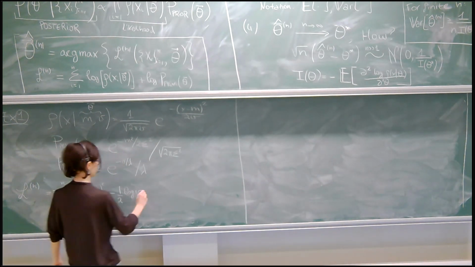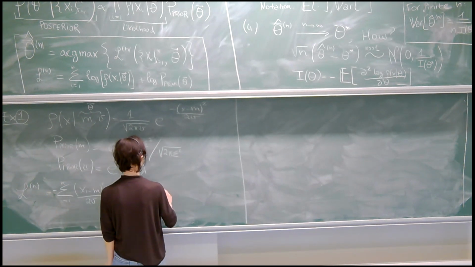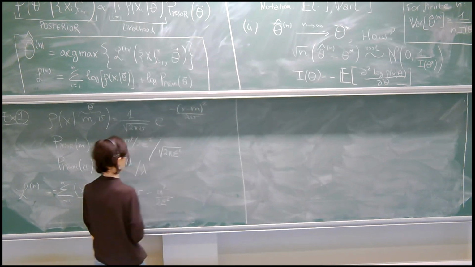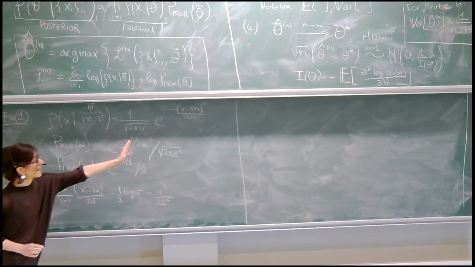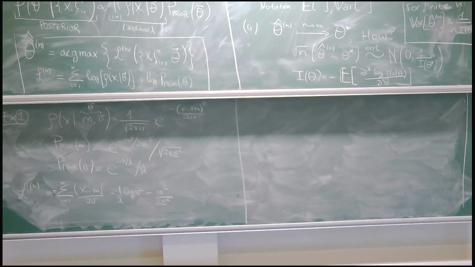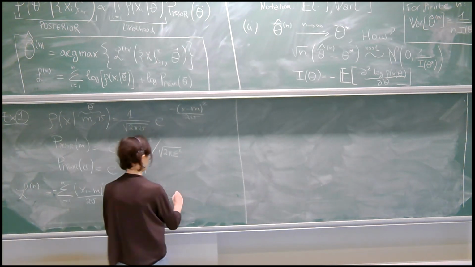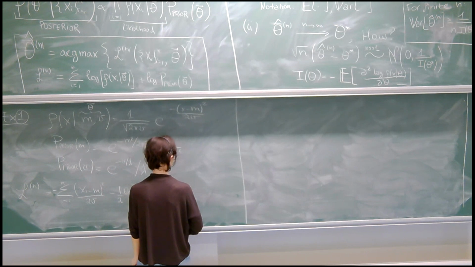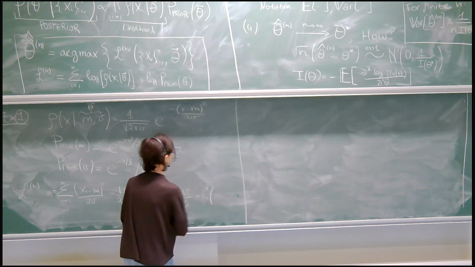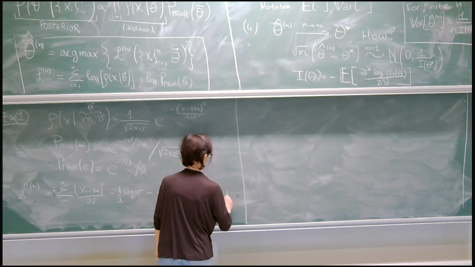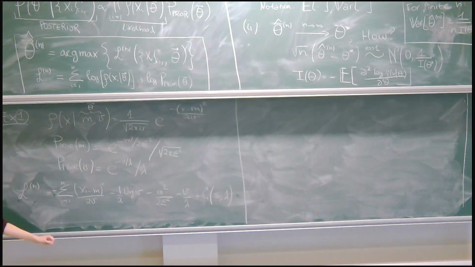So the first one will give me a factor of minus m squared divided by 2 capital Sigma squared. And I can neglect the normalization because it does not depend on m and on v. And from here, I just get minus v over lambda. And then all the rest is collected into some constant, which depends on Sigma and lambda. Okay, so this is my likelihood.